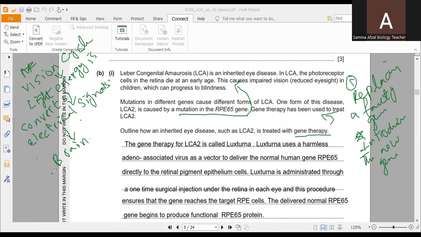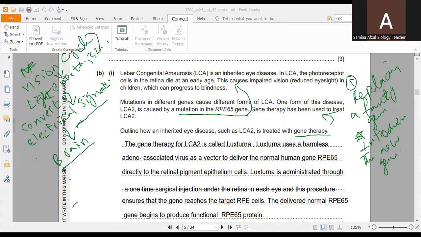The visual cycle is a process that converts the light entering our eyes into electrical signals, and these electrical signals are sent to the brain.